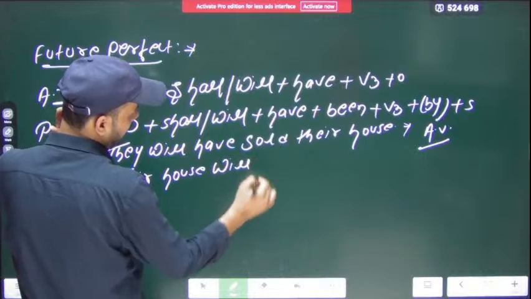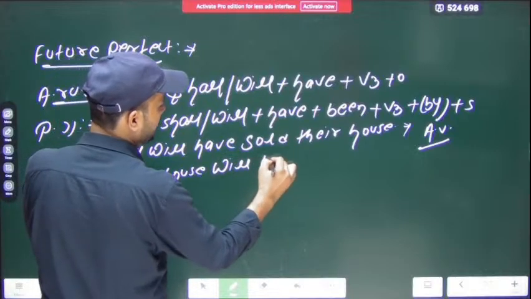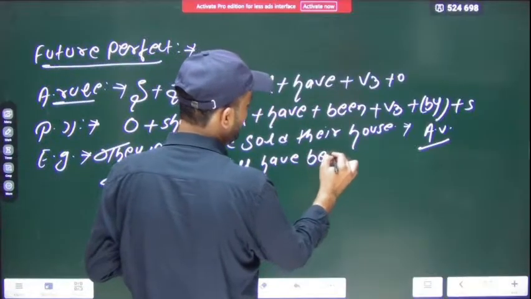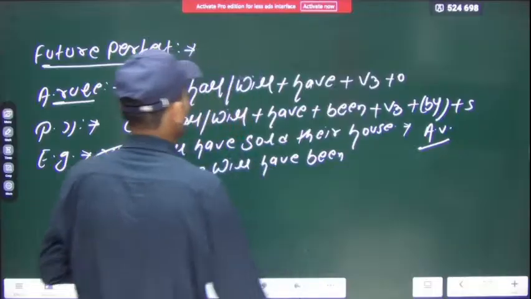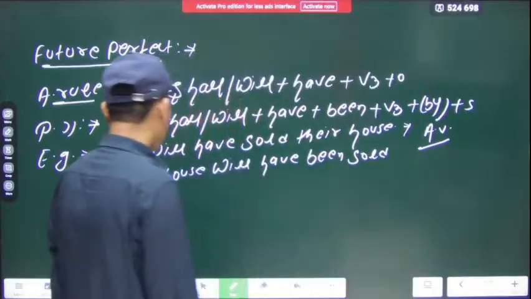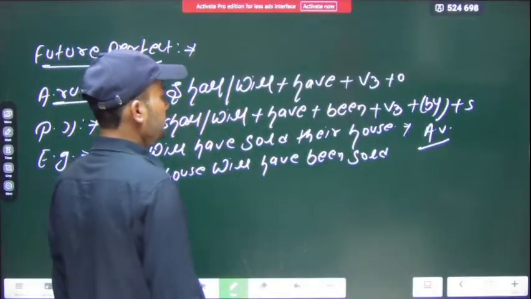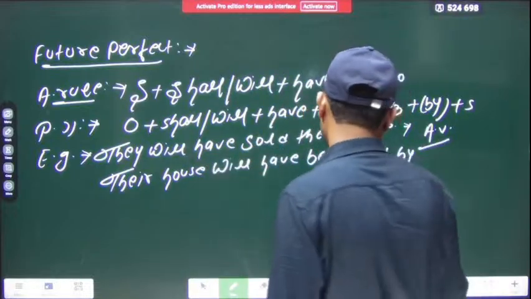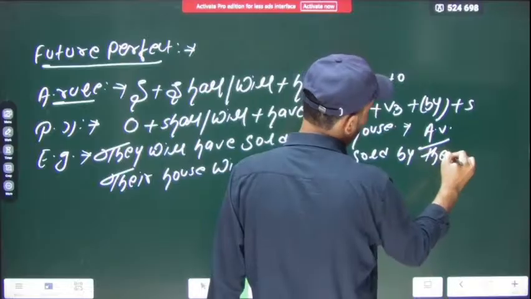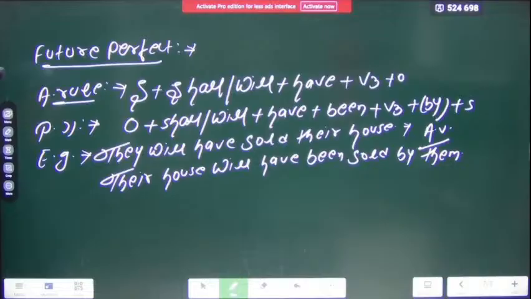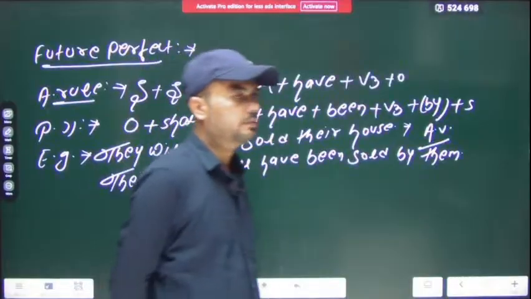Their house will. After will, have is here, which is a helping verb. After have we will write been. Then verb 3 is here. What is the verb? Sold. So we will write sold. Okay, their house will have been sold. Next, by is here. Then after it the subject, so they, coming in the place of object, will be changed into them. Okay, so our sentence is: their house will have been sold by them.